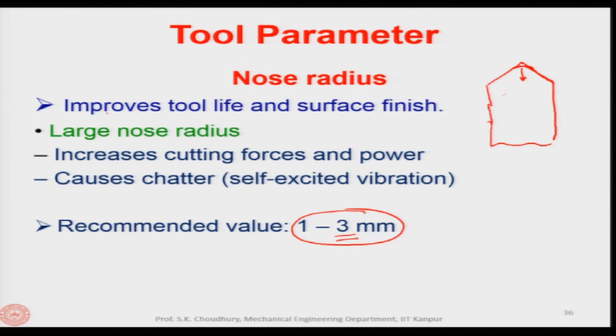So, this nose radius improves the tool life and the surface finish. You understand that? The surface finish will be improved because if it is a very sharp tool, or a tool with a small nose radius, then the feed marks will remain on the workpiece. We will discuss this in a chapter called surface finish, and I will explain how the surface finish varies if the tool is sharp and if the tool has a nose radius.